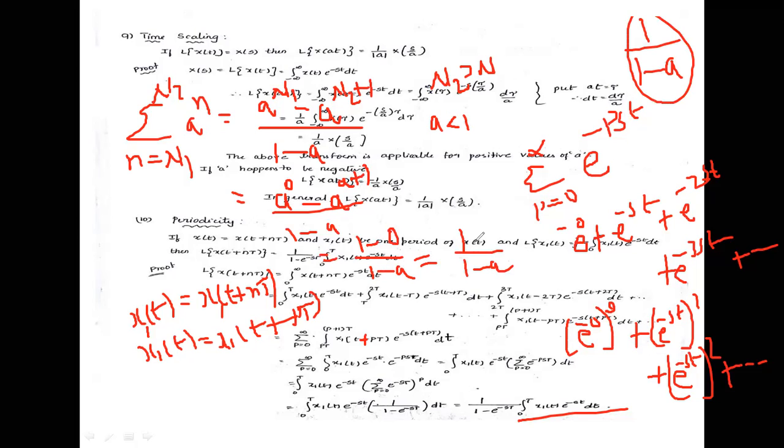Here the value is e power st, the sum of p from 0 to infinite of e power minus st whole power p.